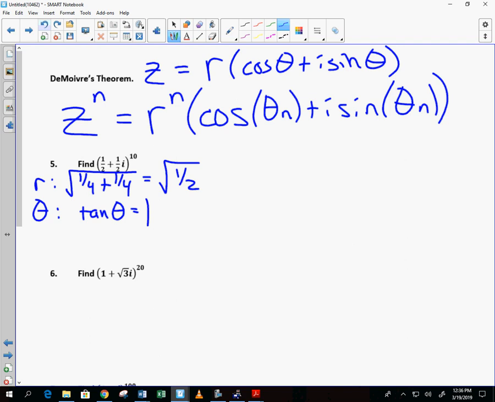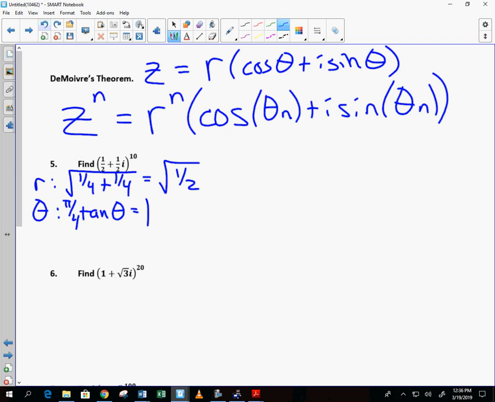Excellent. Why are we in the first quadrant? Yep, because if you're over 1/2 and up 1/2, you're in the first quadrant. Good. Okay, so I take inverse tangent of 1 on the calculator. What do I get? 45 degrees. 45 degrees turned into radians, pi over 4.